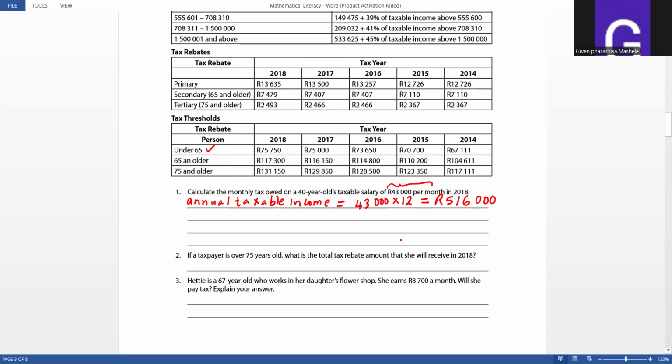And since the person qualifies to pay tax, we must identify the tax bracket in which this person falls.